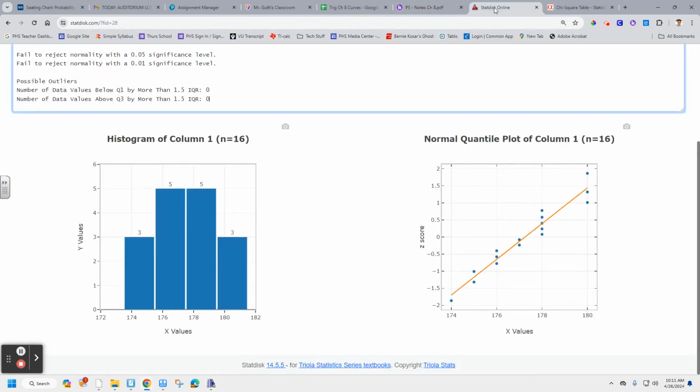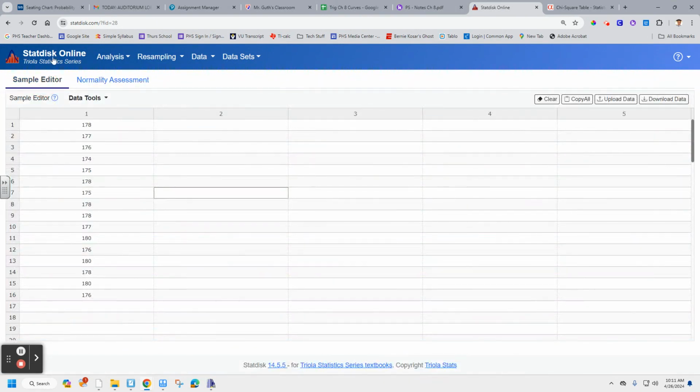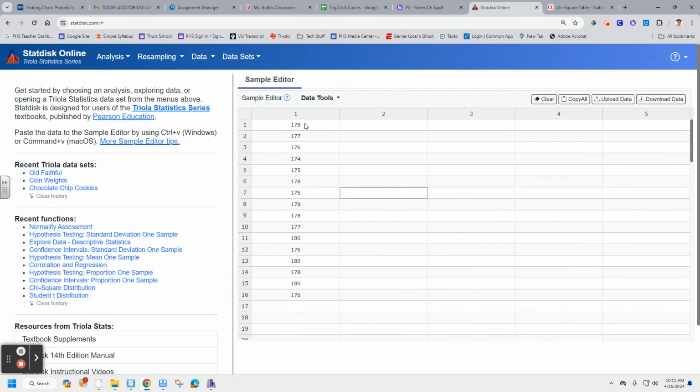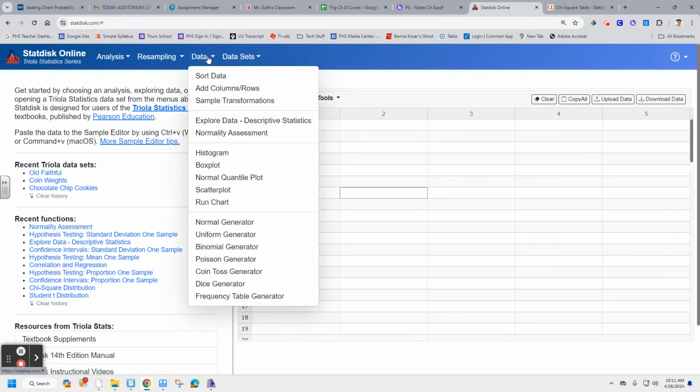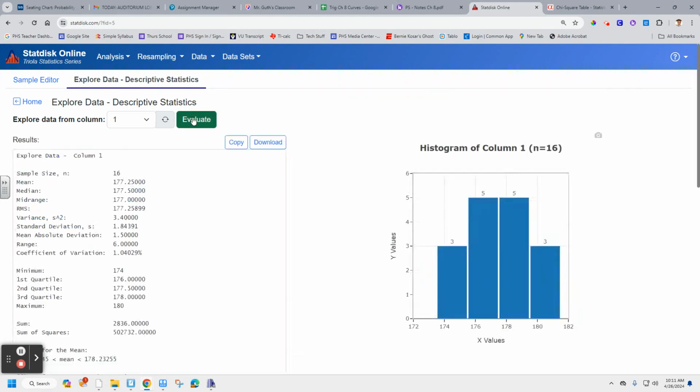Or, I don't know if we've done this yet, but if you go to StatDisk, you can go to data, and then right here, explore data, descriptive statistics. Gives you a lot of that as well. And you get that same number, that same standard deviation.